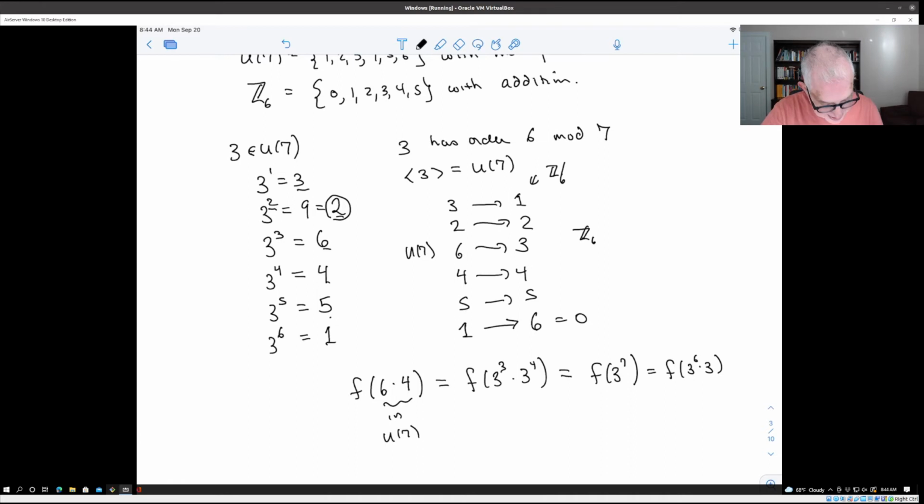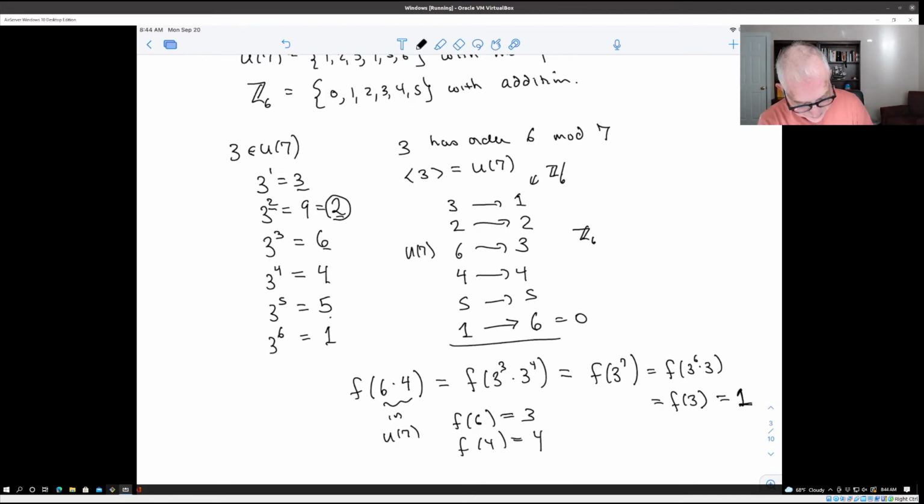And 3 to the 6th is 1. So that's f of 3. And f of 3 is 1. On the other hand, f of 6 is 3, and f of 4 is 4, using this table.